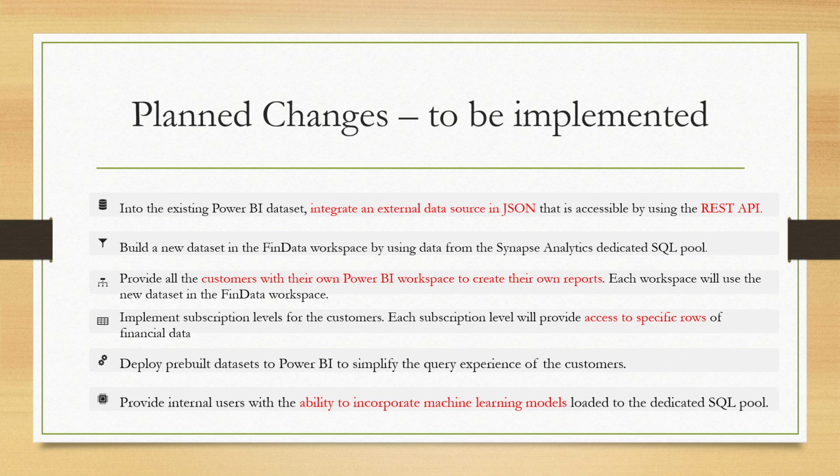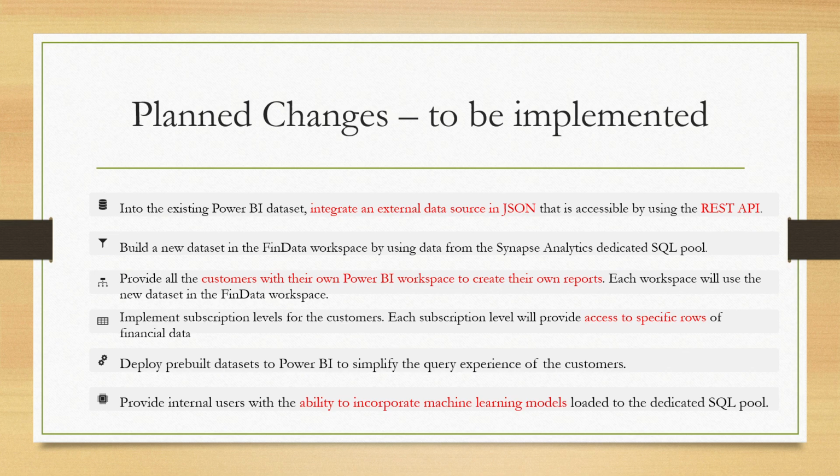Three, provide all the customers with their own Power BI workspace to create their own reports. Each workspace will use the new dataset in the Fin Data workspace. I think this is an attempt to curb the security issue. Then the next one, implement subscription levels for the customers.